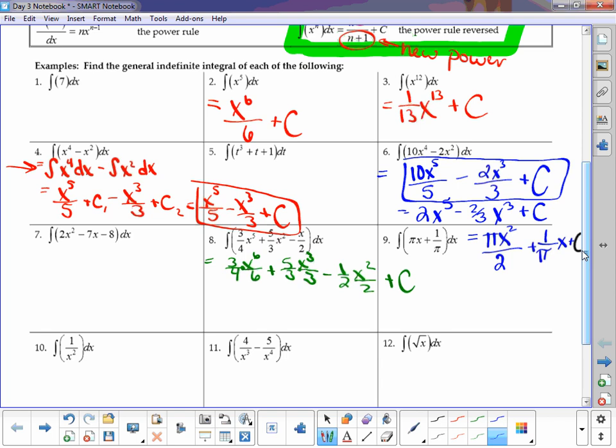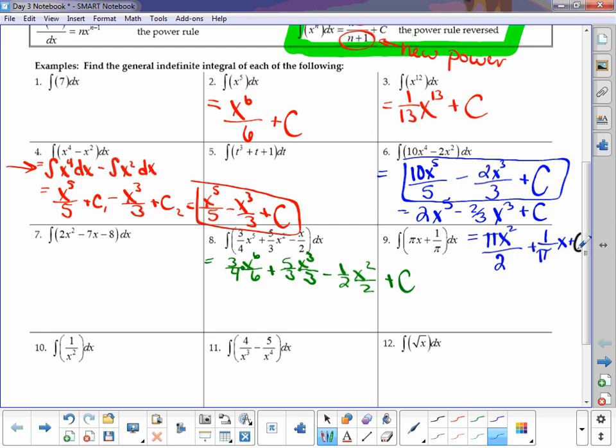No, pi is just a constant. So this is just my constant. I increase my power by 1 divided by my new power. This is just a constant. So think of it as 2. If it was plus 2, you do 2x. So you just do 1 over 5x. So pi is just a constant. Alright, other questions with 9?